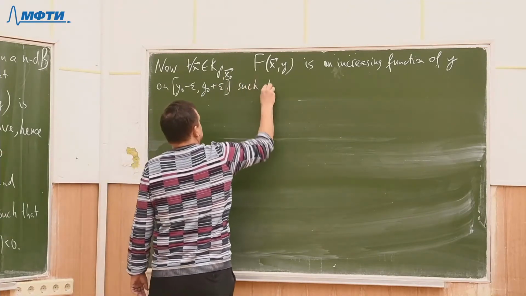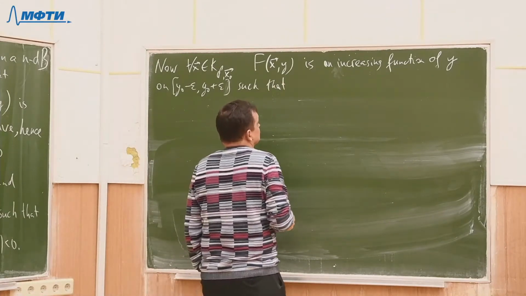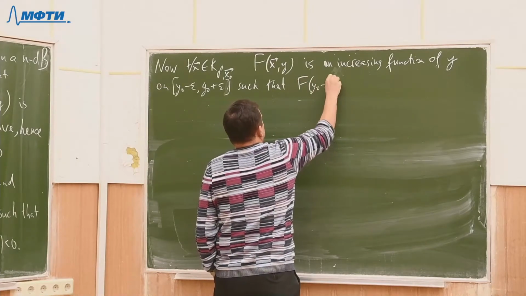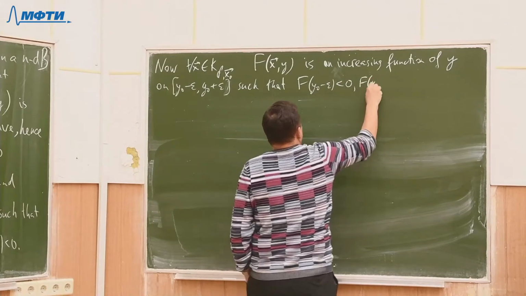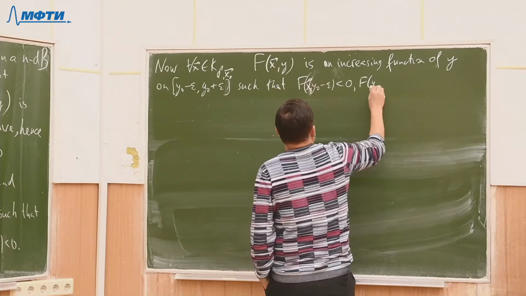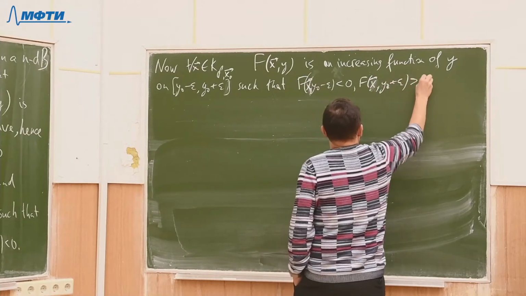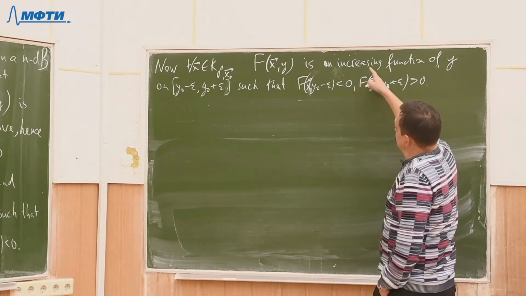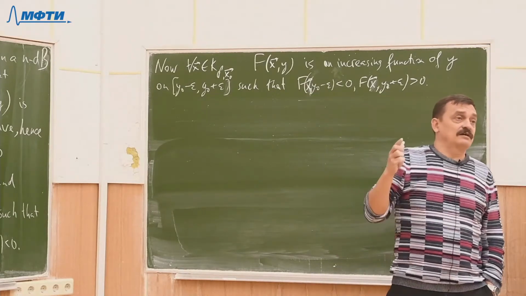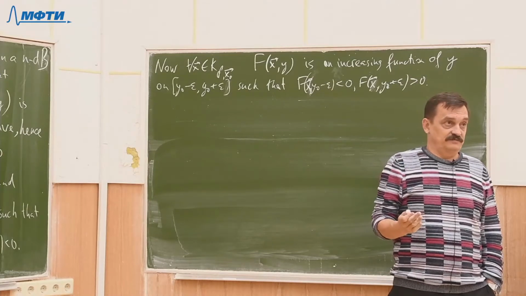such that capital F of x, y naught minus epsilon is negative, capital F of x, y naught plus epsilon is positive. So that is increasing, and also it is differentiable, right? But in fact here I don't need differentiability. I need only continuity, in fact, right?